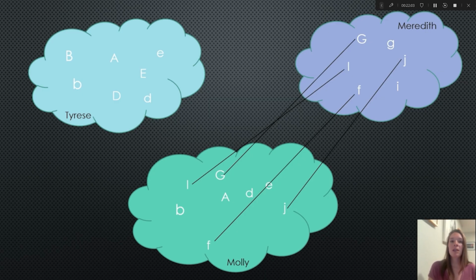And those would be the linked markers, the markers that travel on Meredith's copy of chromosome 5 that has the SMN1 deletion. That would be capital G, capital I, lowercase f, and lowercase j. And then the other SNPs are the SNPs that travel on Meredith's unaffected copy of the SMN1 gene.